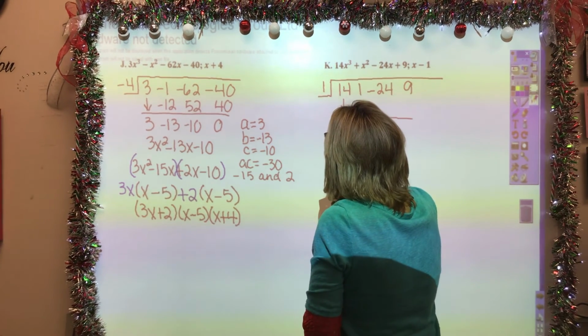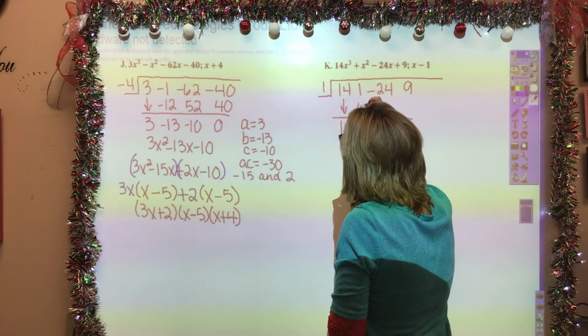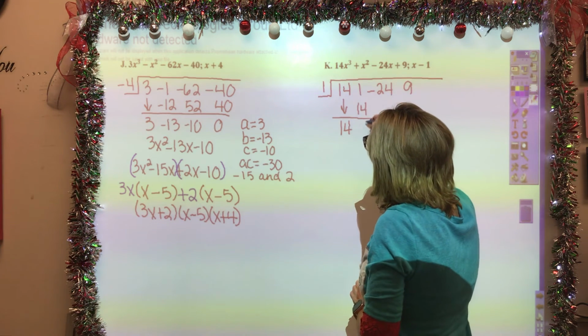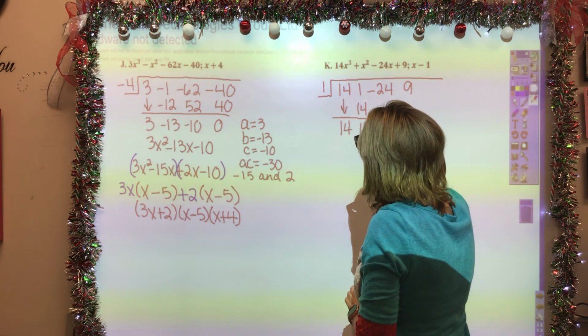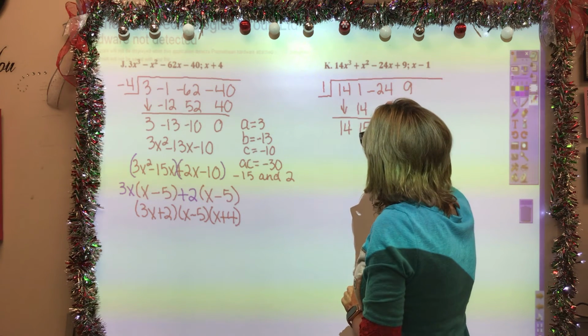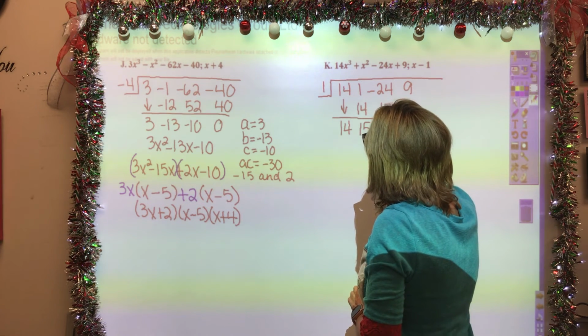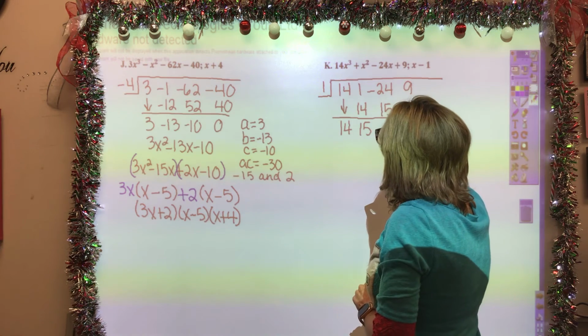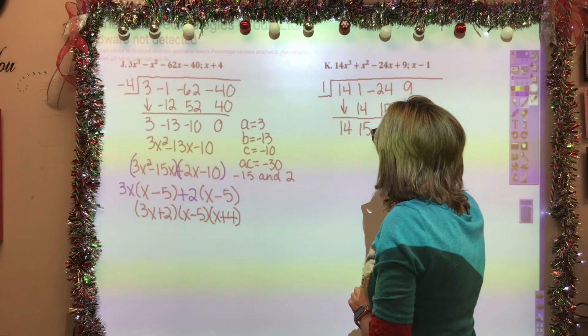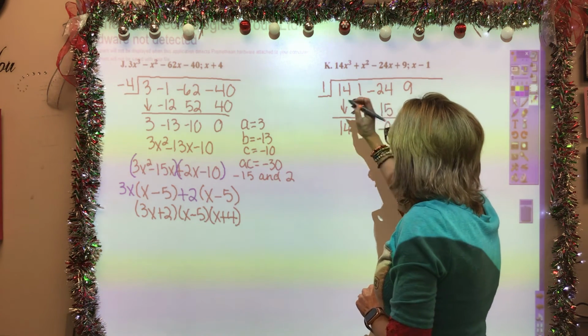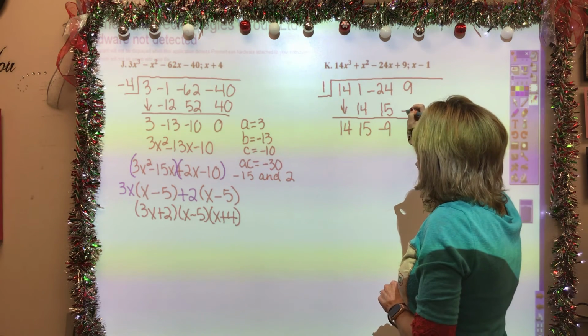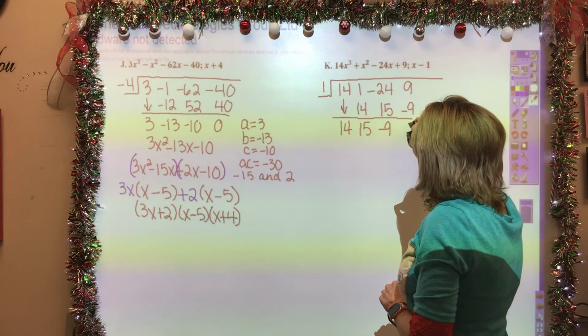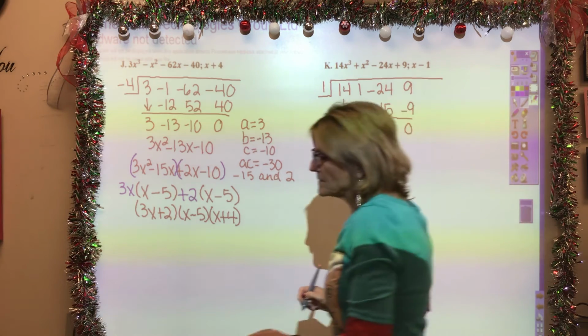We're going to multiply it by 1, which is 14, and we're going to add 1 and 14 to give us 15. 1 times 15 will give us 15. Negative 24 plus 15 is negative 9. And 1 times negative 9 is negative 9, giving us a 0 at the end.